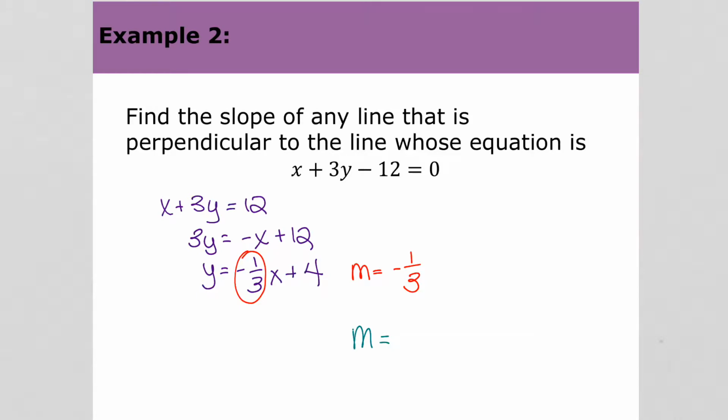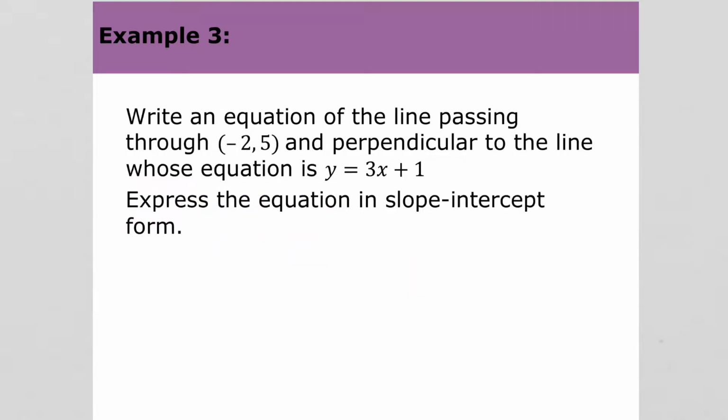Reciprocal of 1/3 is 3 over 1, or 3. So the slope of our perpendicular line is 3. And that's all it wanted. Didn't want us to write the equation, did it? Of course, you know how to do that if we need to. And I think in the next example, we are going to do that.